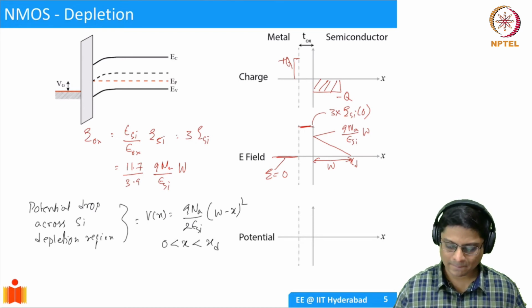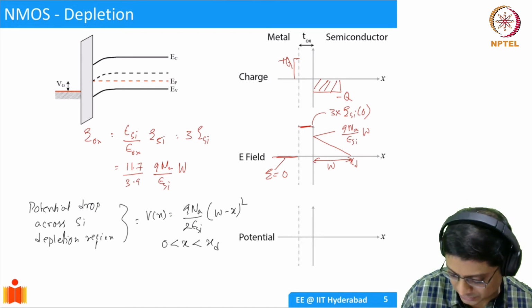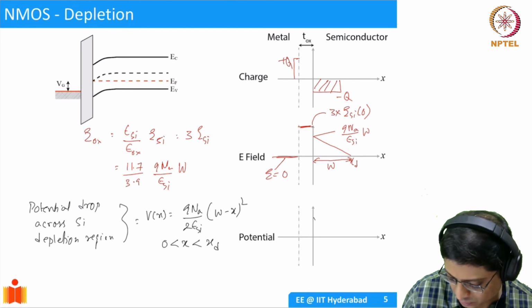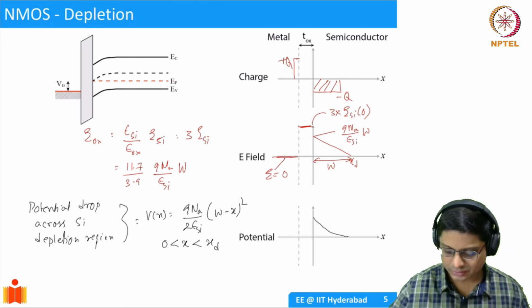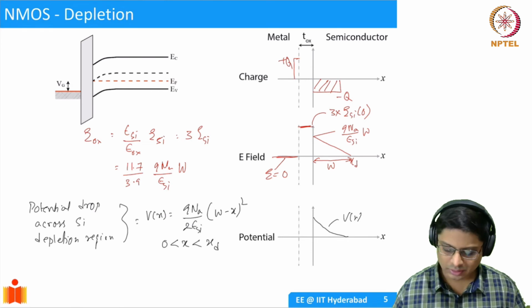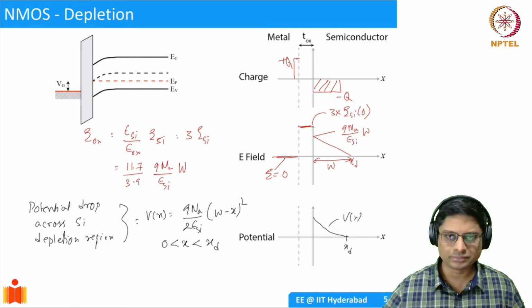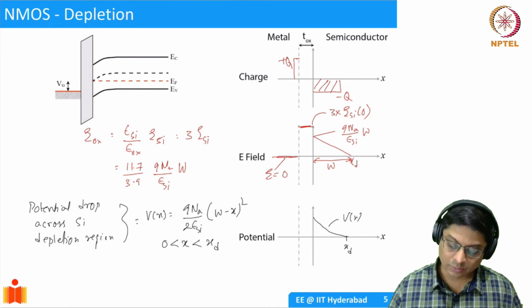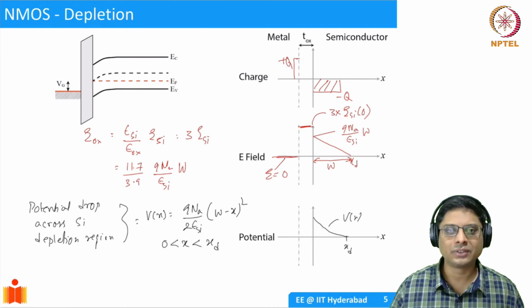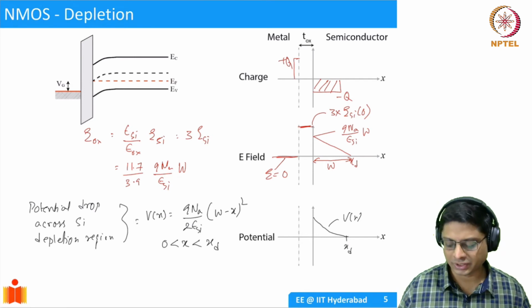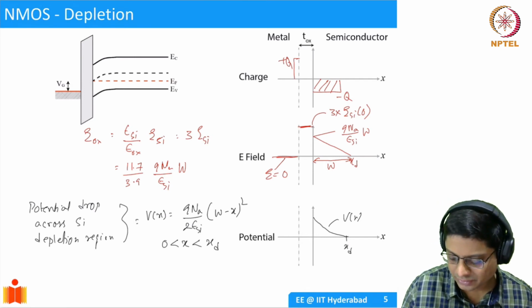So now the potential is going to be quadratically decreasing here. This is my V of x. And at x equal to xt, it becomes 0 and the rest of it is all 0. Now what happens to the potential in the oxide? Well, the field is a constant and the potential has to be continuous, so this is going to be a linear function.